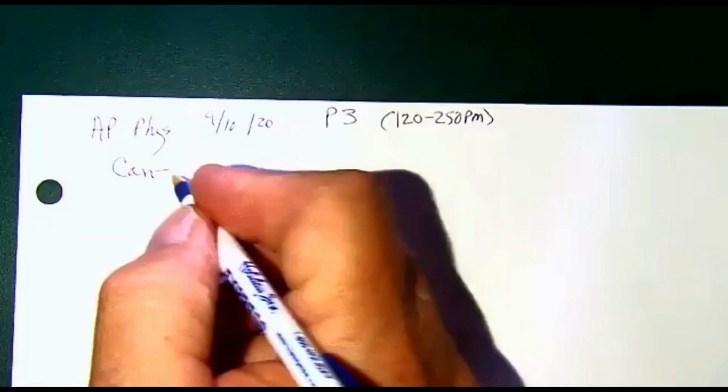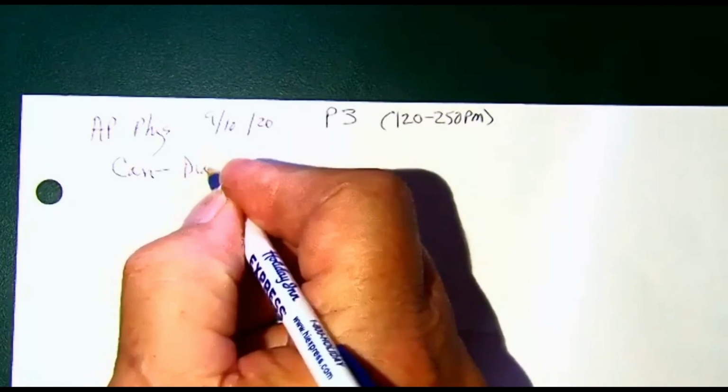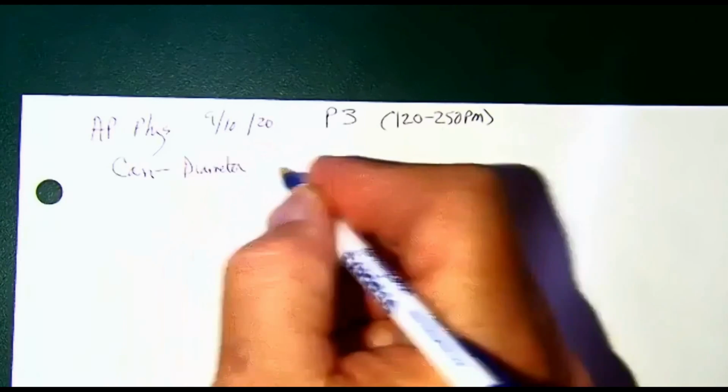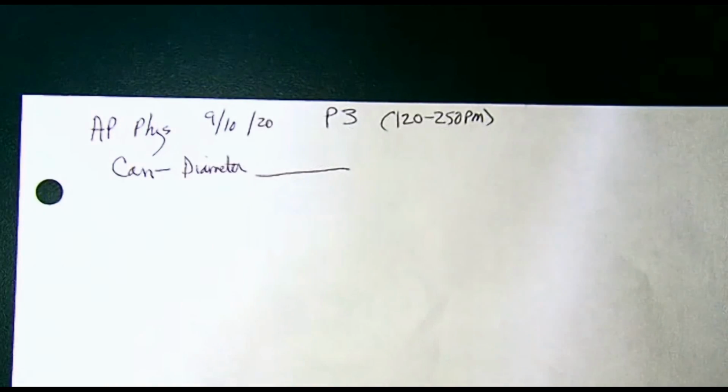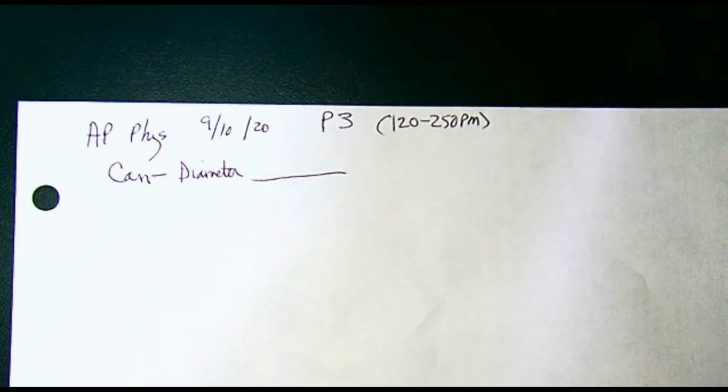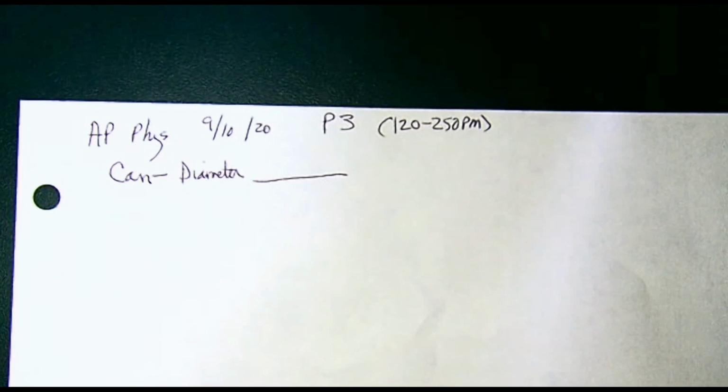So the first thing I want you to do is measure the diameter. That means take your ruler and find out how far across, starting on a solid line and then guessing the other side of it. Look at your centimeters, and hopefully you have a millimeter ruler. If it hits on a line, the last bit's going to be a 0. If it's between lines, then it's a fraction.